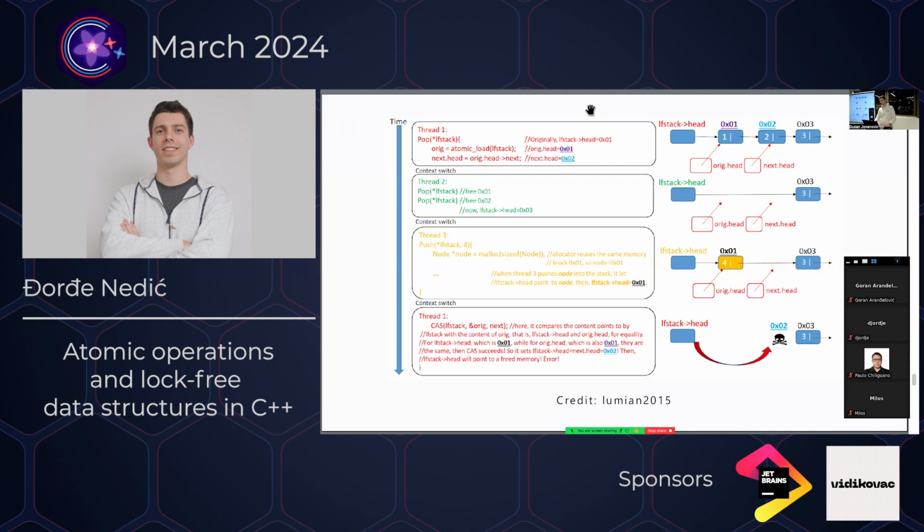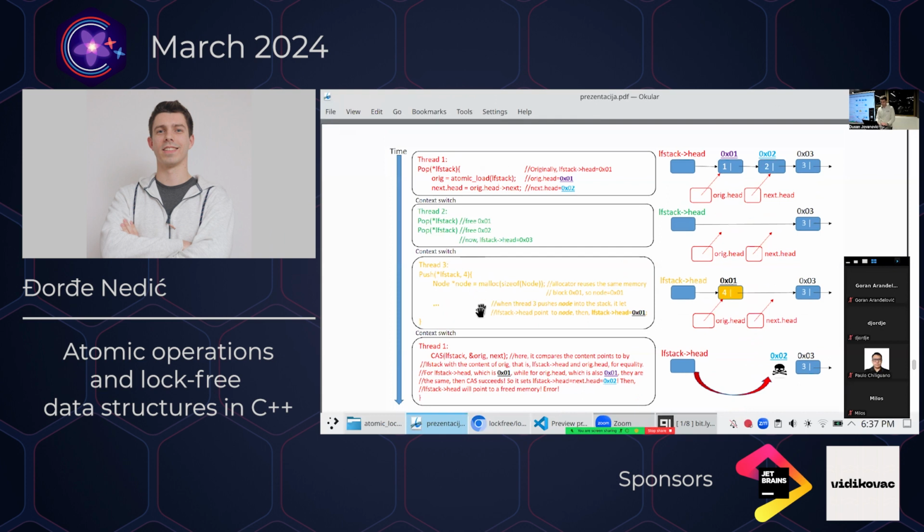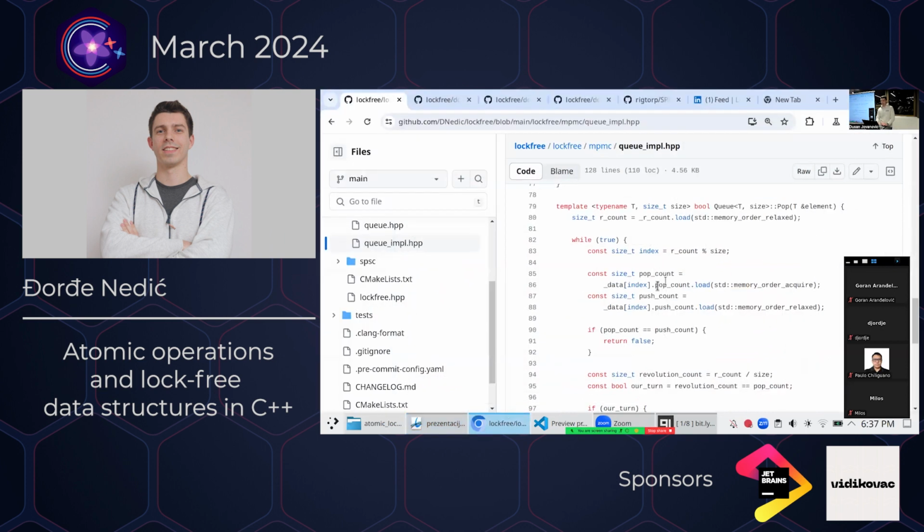So in order to solve the ABA issue, there are many ways to do it actually, but what we did is basically each slot will have its own push count and pop count. However, we also have per queue monotonically rising counters. So now we can actually see if the counter changed.